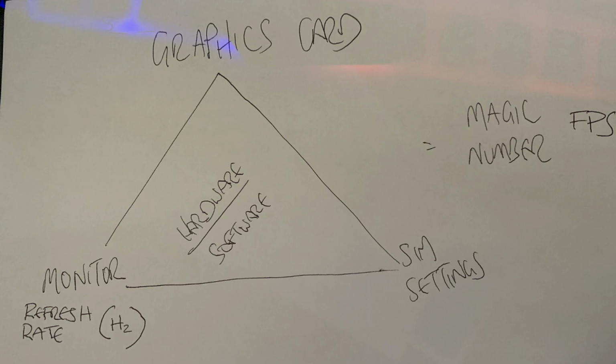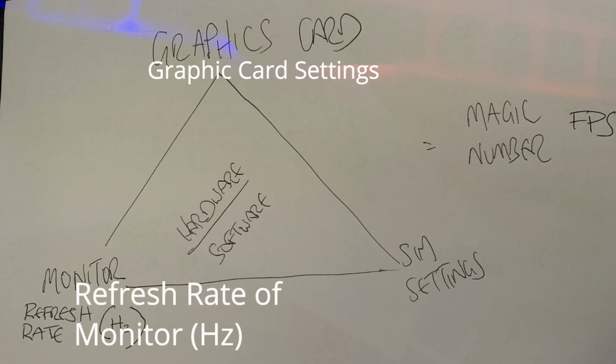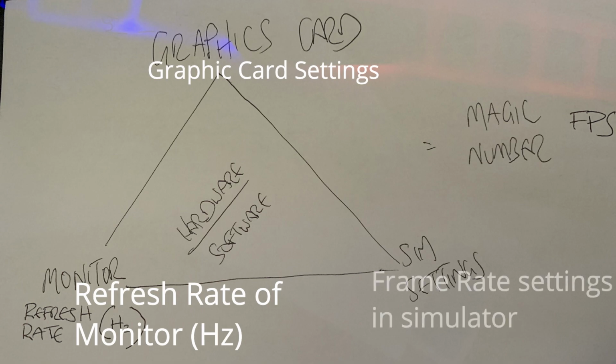Your graphics card renders the sim onto your screen, so your graphics card is one metric which you need to manage. Another metric is your monitor, because that actually displays the world that your PC is providing you, your sim, to you. So that's another metric that needs to be maintained. And the third and final one is your flight sim settings.